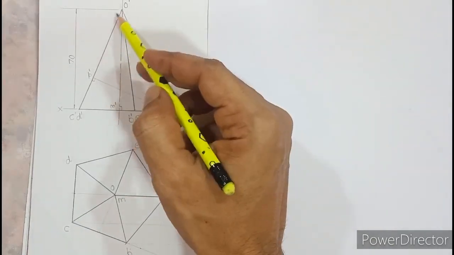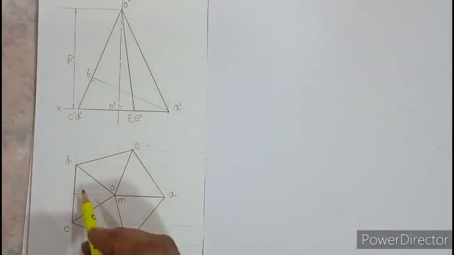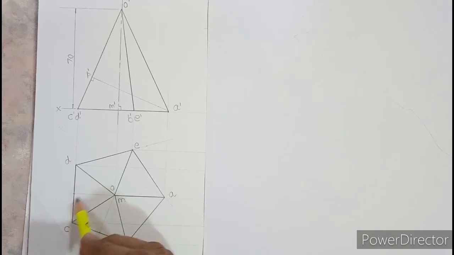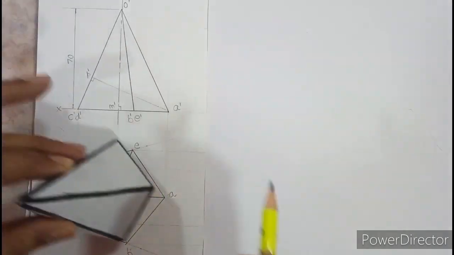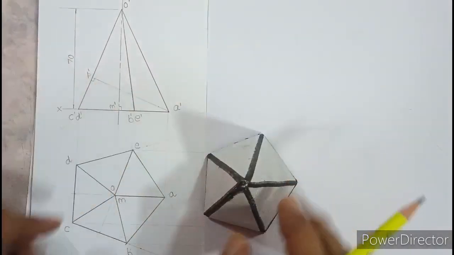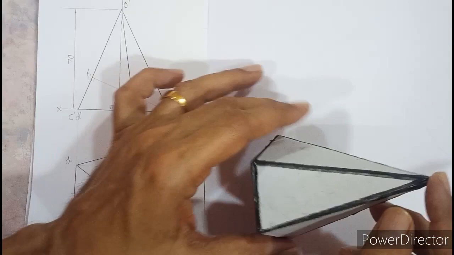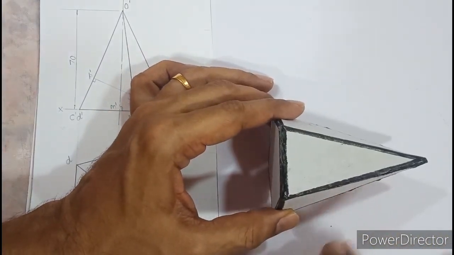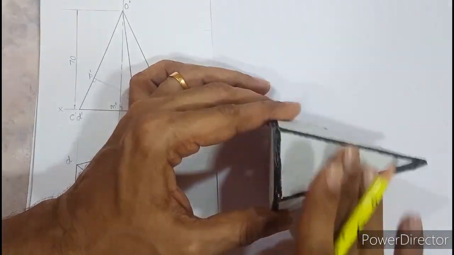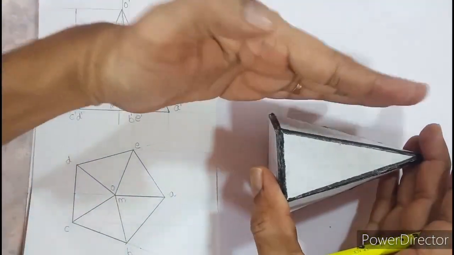And we want the opposite triangular face, because we are going to make this triangular face parallel to HP and perpendicular to VP. As I told you, in the first stage you draw this pentagon like this. In the second stage, we will make this triangular surface parallel with the paper so that you can see it from the front, and also the surface, if you extend it, is perpendicular with the vertical plane.